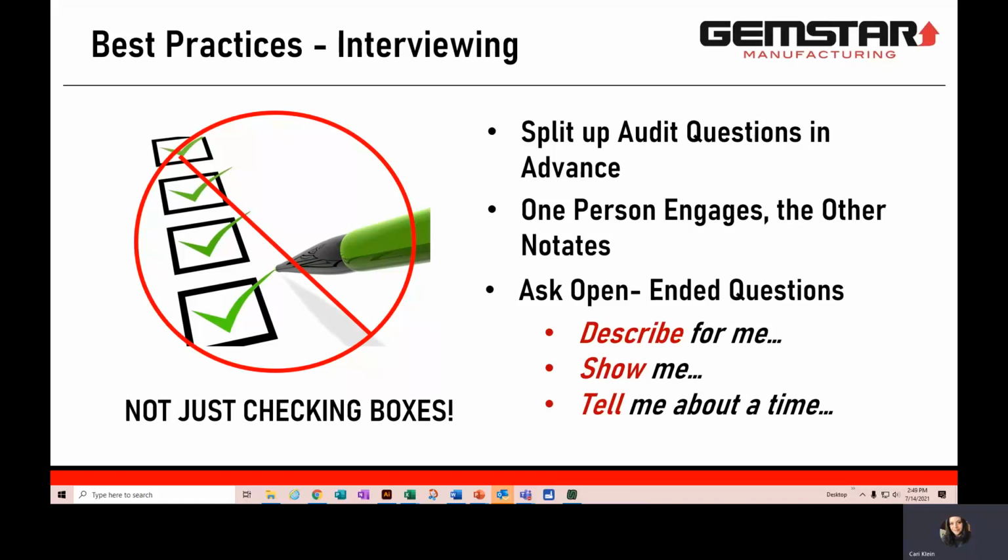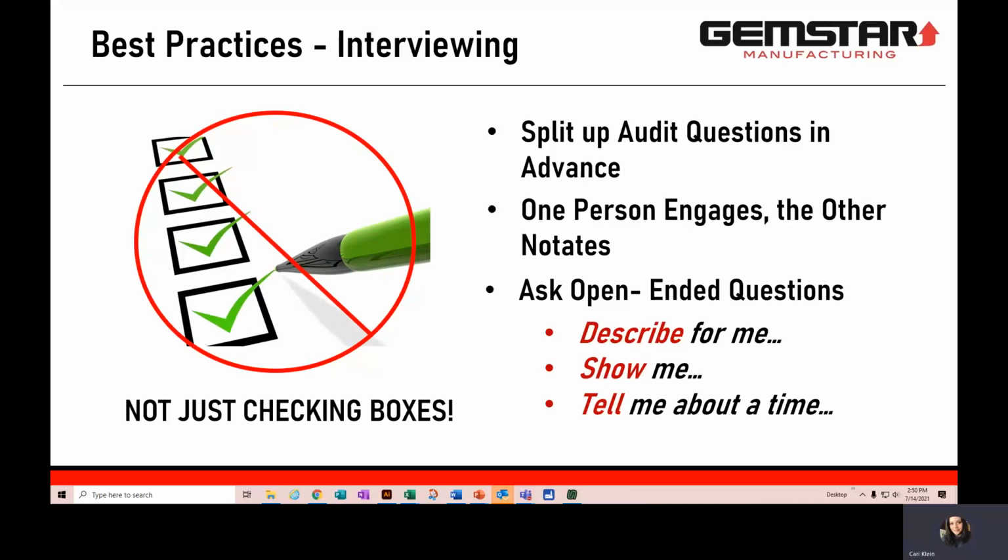But some practical tips for when you come up, you'll be paired up with another person, so you'll be in a team. One of the things that we've seen that works well is to split those audit questions up in advance. You'll arrive a little bit early. I'll be doing a debrief with you in the lunchroom to kind of go over the audit checklist, split up those questions, and it's best really if one person engages while the other person takes notes and records the responses.